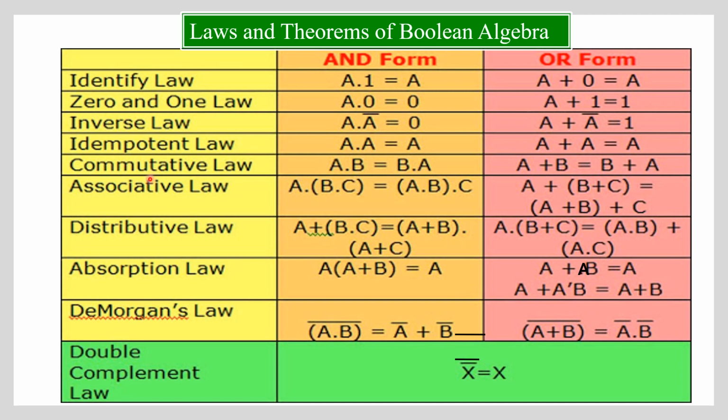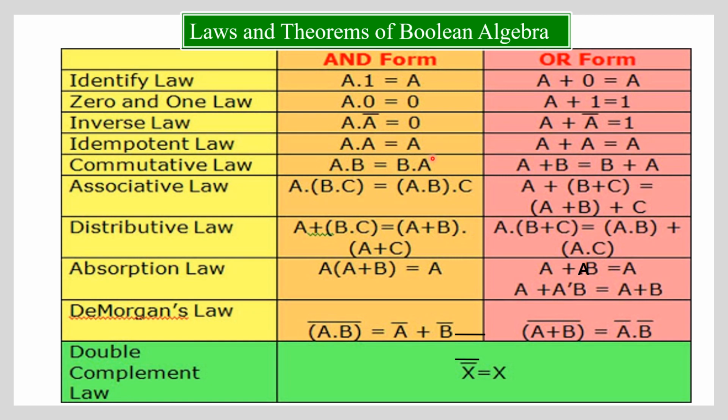Inversion law, A into A bar is equals to 0, whereas A plus A bar is equals to 1. Because if A is taking the value 0, A bar will take 1, and when A takes the value 1, A bar will take the 0. So result will always be equals to 1. Idempotent law, that is A into A, and A plus A. It is not 2A or A square.